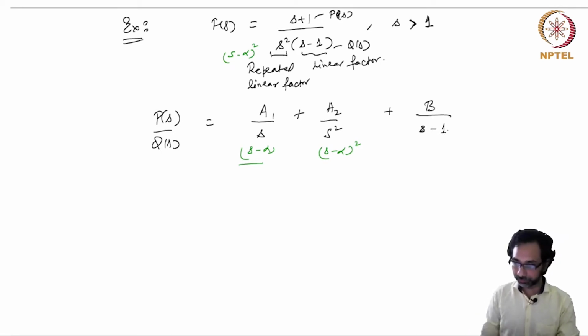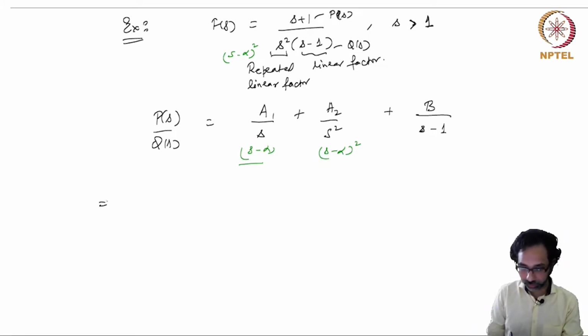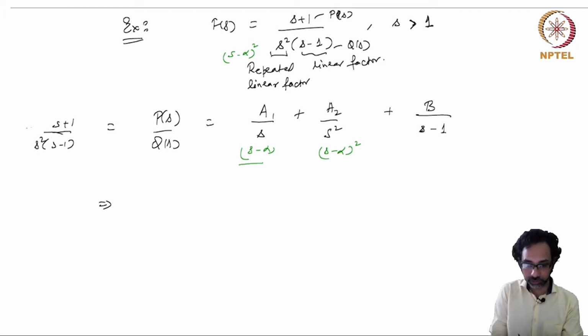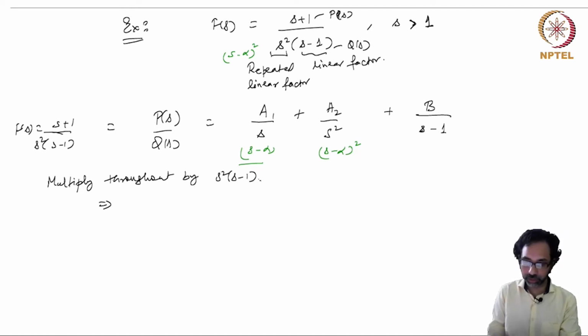So here of course the left hand side is our F(s), and so I will multiply throughout by s squared times (s minus 1). So this is just Q(s).